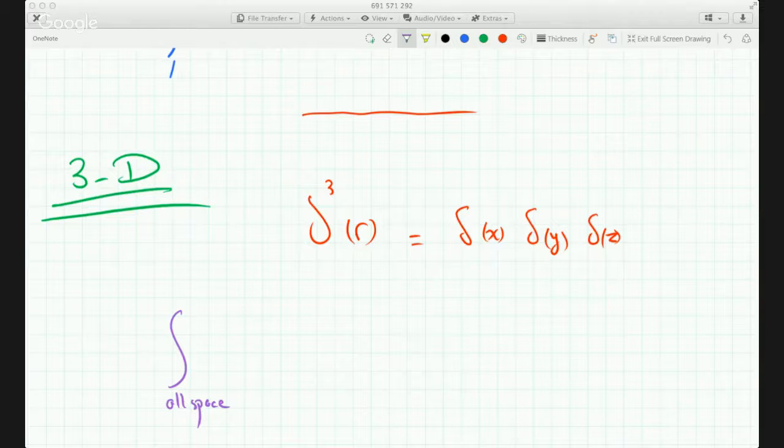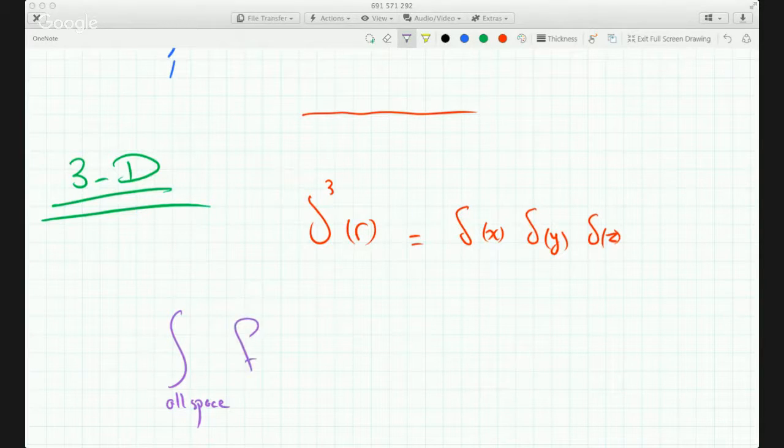An example on that would be the work in electrostatics, which will be equal to the integral of the electric field squared d tau over all space. We'll come to this in chapter 4.